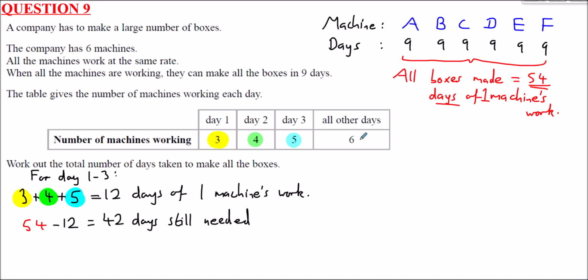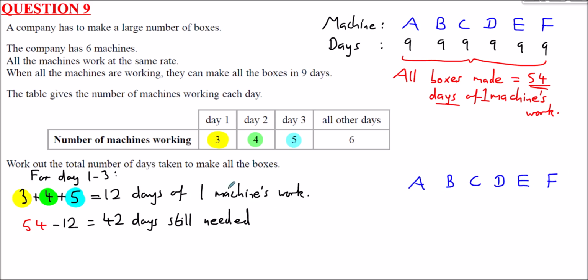Okay, here though, we've got all 6 machines working for all the other days. So we need another 42 machine days.